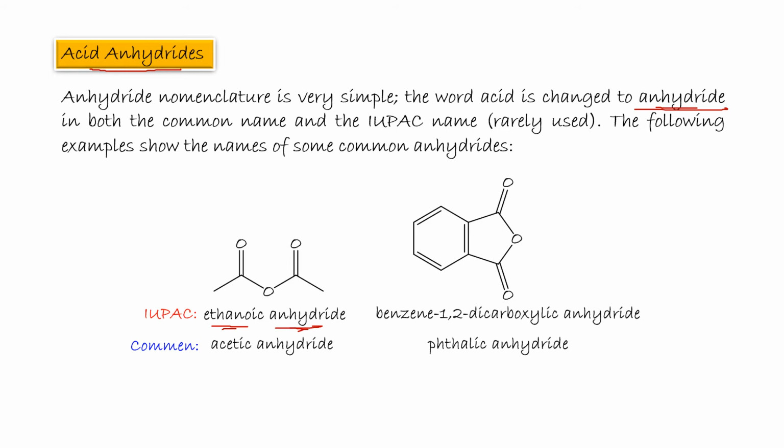Common name, the acid with 2 carbons, acetic. It will be acetic anhydride. Here we have benzene-1,2-dicarboxylic anhydride. The common name of the acid is phthalic, so it will be phthalic anhydride.